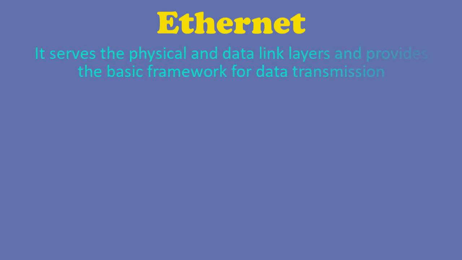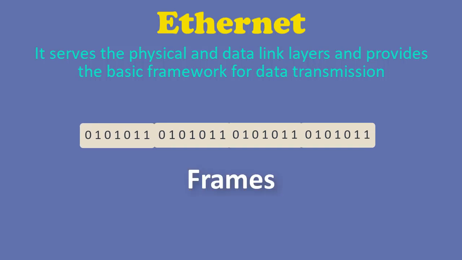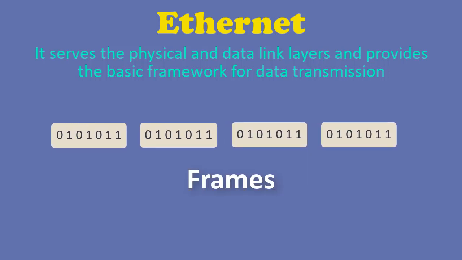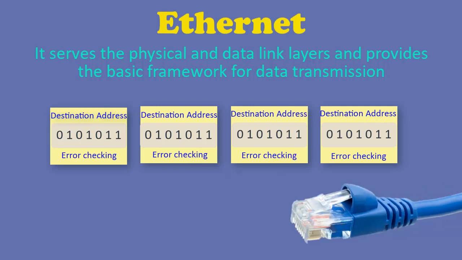Ethernet is the most important for LAN communication and it serves the physical and data link layer. It provides the basic framework for data transmission. It divides a stream of data into shorter pieces called frames. These frames are encapsulated with a destination address, error checking mechanism, and other information.